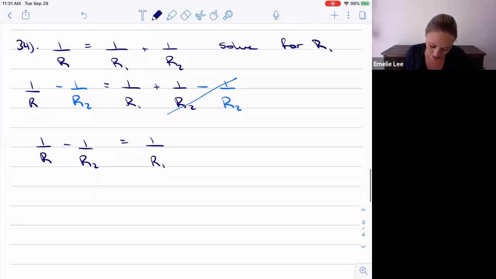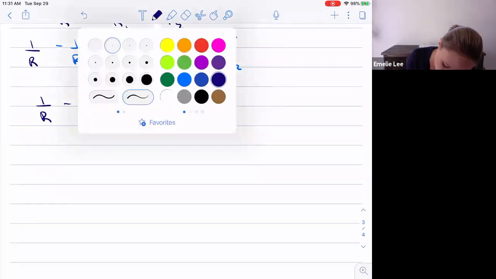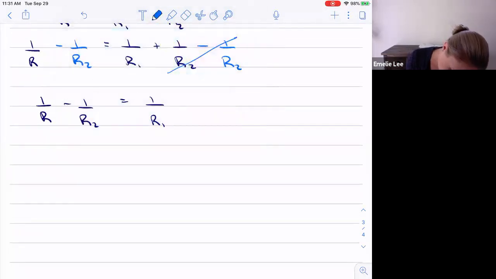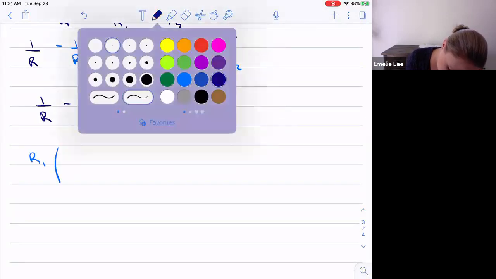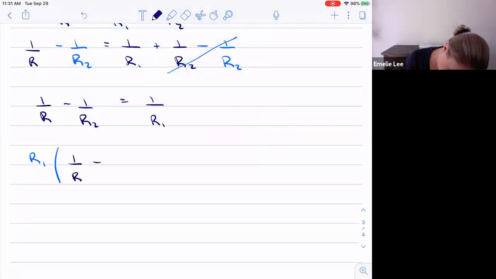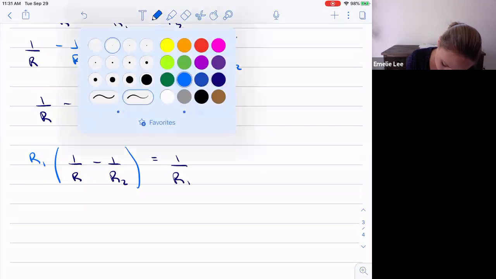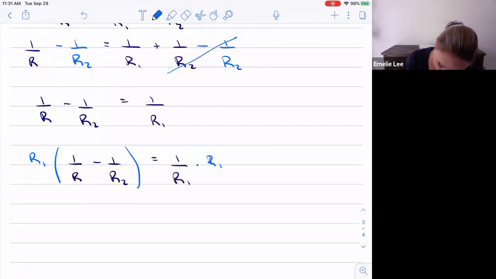So I'm going to have R1 times 1 over R minus 1 over R2 equals 1 over R1 times R1.